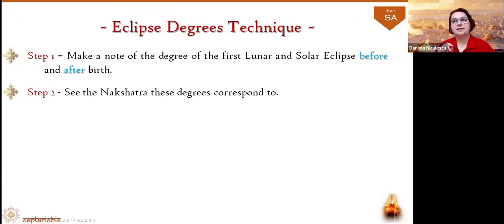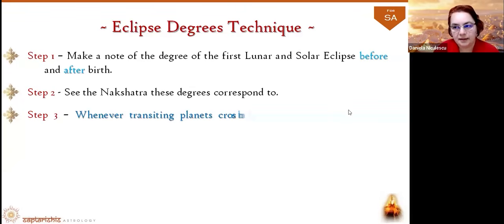That's why I was saying that it's very important to be very careful and also note the degree and the minute, because sometimes the minute can shift the planet to another nakshatra. If you want, you can avoid the information about the nakshatra. Maybe it's a little bit advanced, but if you're at all capable, note the nakshatra too.